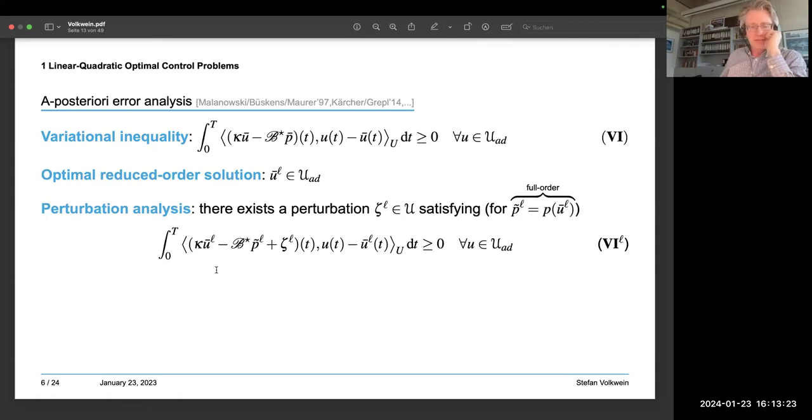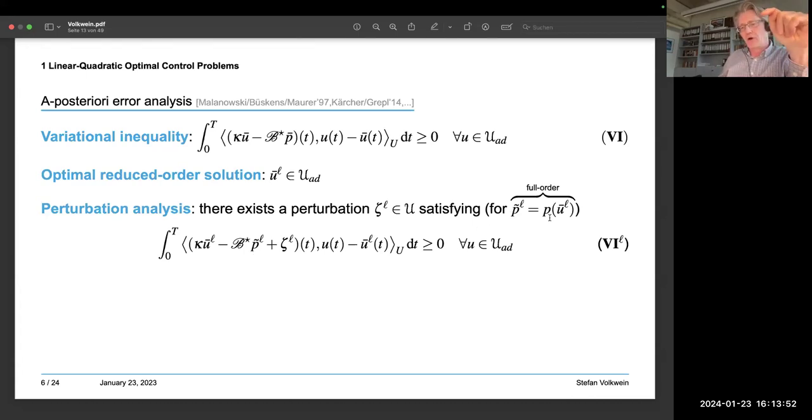And look at this: there is this kappa u bar L, which is the same as for the infinite dimensional inequality in the first line, this VI. Then there is also this B star times an adjoint variable. But what is this PL? It's not P bar L, there's a tilde. Maybe, hopefully you can see it.